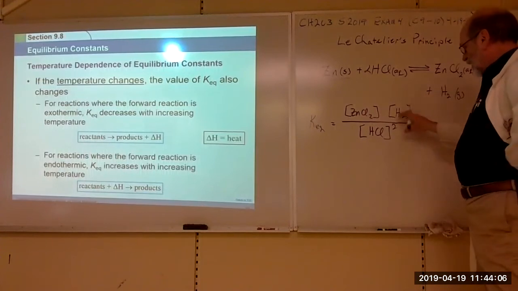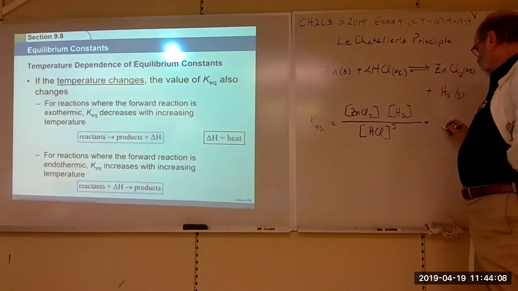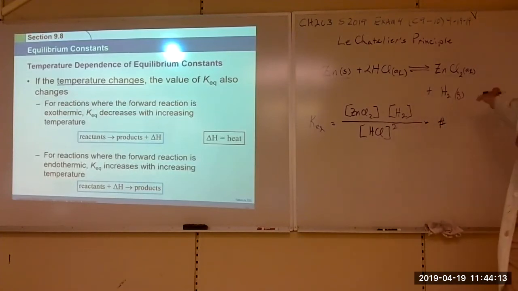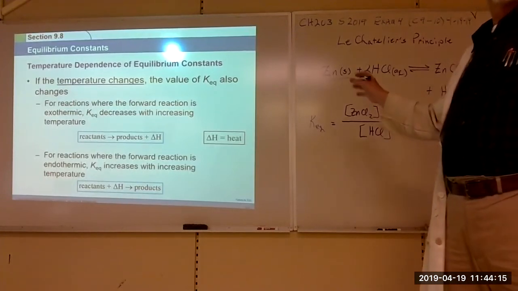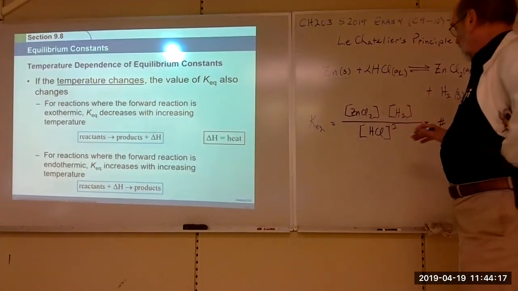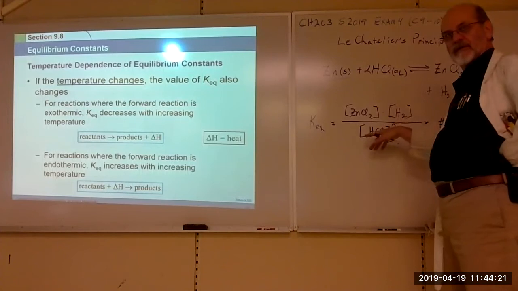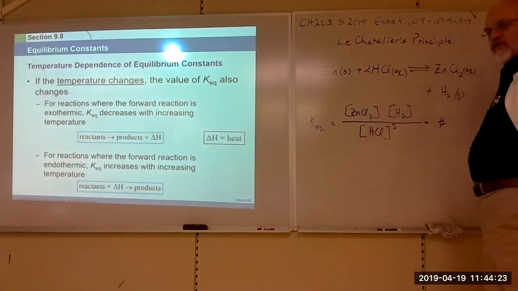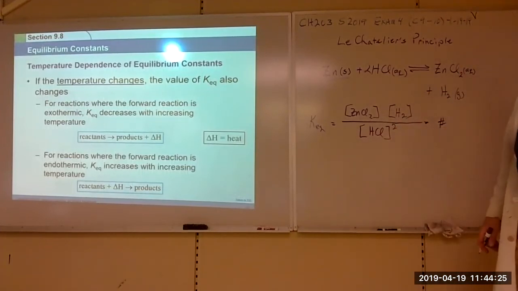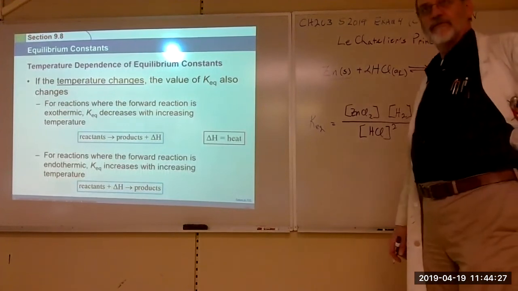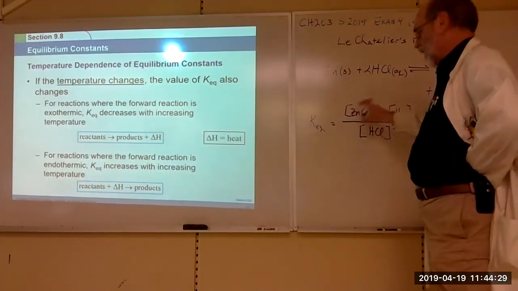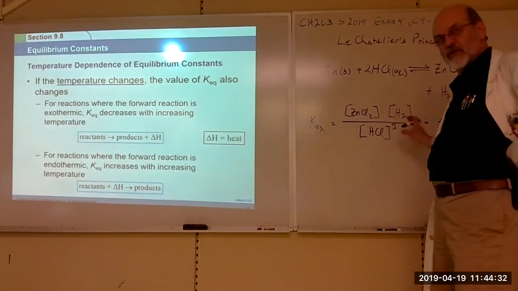Now, when a number is produced over here, some number, we never put units with it. The reason being that with powers and different terms from a reaction, the units are all over the place. If you go to a reference manual and look up the K value for a reaction, we won't have any units.